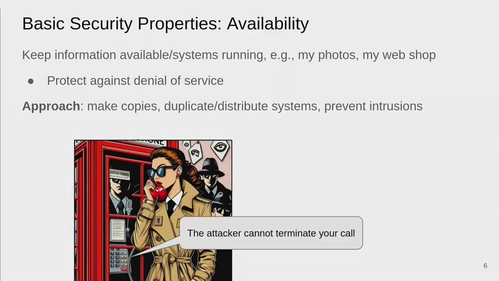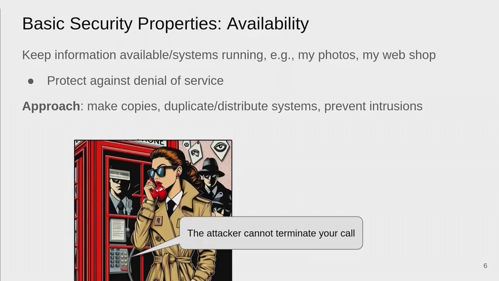The attacker could also nuke the city that you're in, right? So there's very different levels of what an attacker can do, which are more or less realistic, right? And when you're looking at security and when you're defining what kind of attacks you defend against, you have to be very much aware of how powerful the attacker is. And we'll discuss this a little bit when we're looking at actual threats.